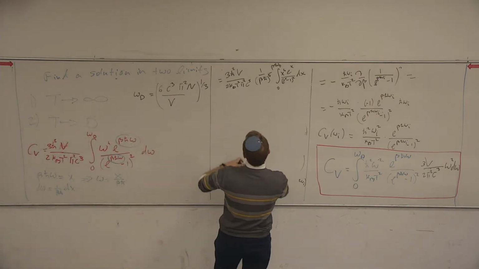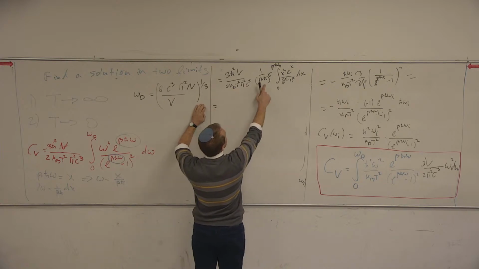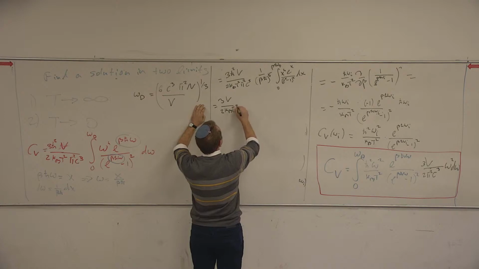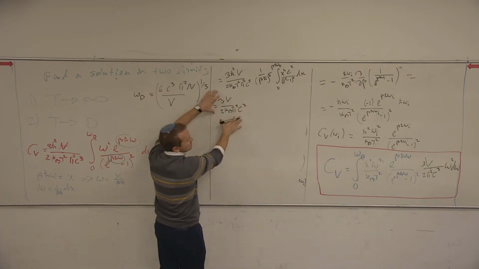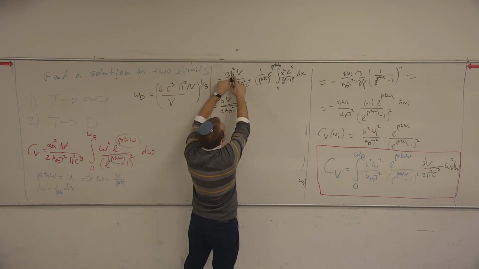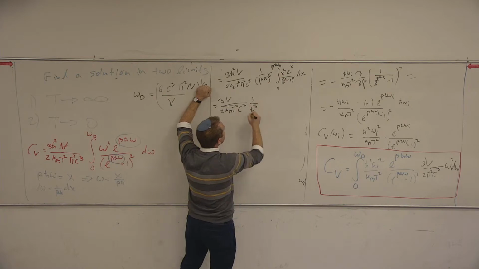First of all, this is h bar squared, h bar to the fifth, so we have 3V over 2 k Boltzmann pi squared c to the third. This is still the same, right? Here we have h bar squared and h bar to the fifth, so we are left with h bar to the third.